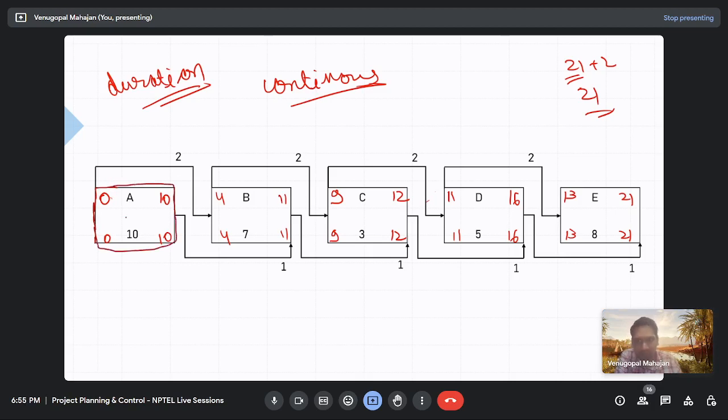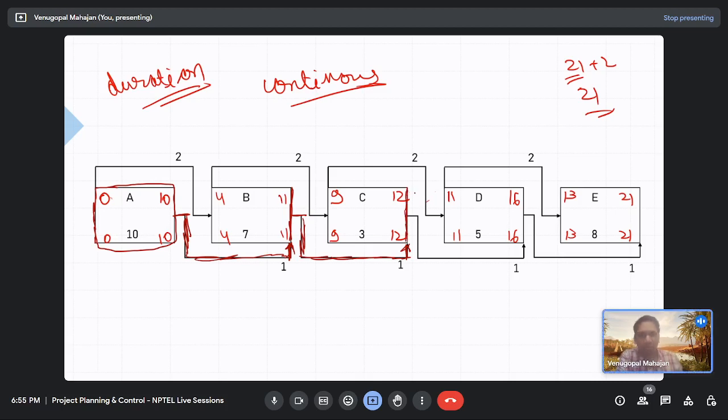A, B, C, D, E. Yeah, but if you trace the critical path, there are multiple relationships, and only some relationships are critical. Even activity B is not totally critical. Some are critical only in start, and some will be critical only in end.